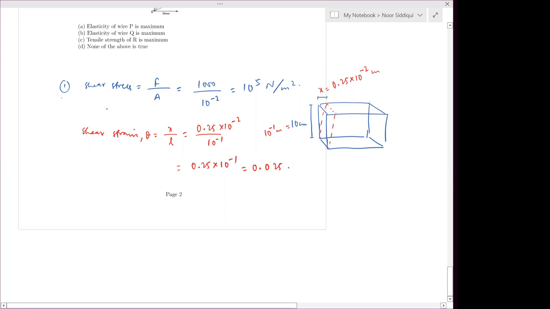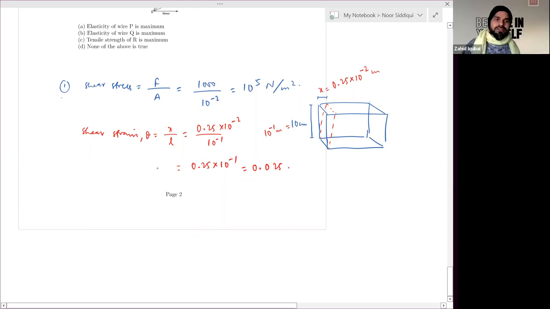Now, in this one, I got 0.025. Good. So just divide these two parts, you'll get the amount of shear modulus. Shear modulus will be stress divided by strain.